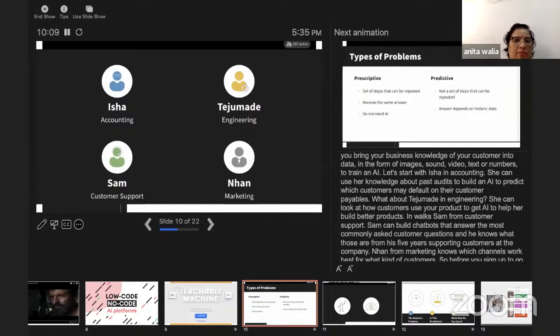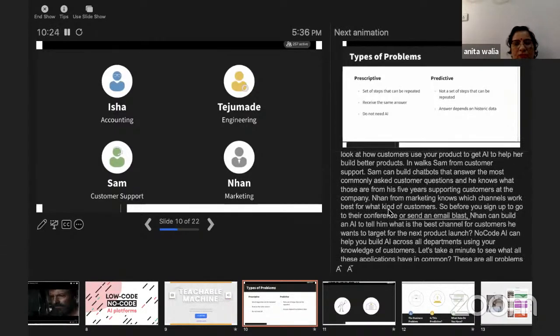So let's say Sam is taking the phone calls, and at the time he can't take a phone call, he wants to build a chatbot which can chat and answer the most frequently asked or commonly asked customer questions. So from his 5 years of experience, what customers might ask, what the common questions are which customers can ask, he can build a chatbot with no-code AI.